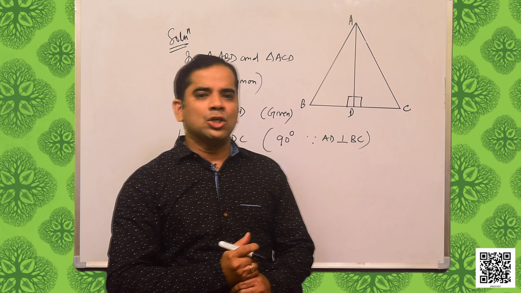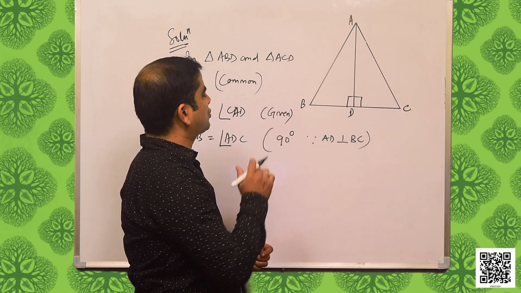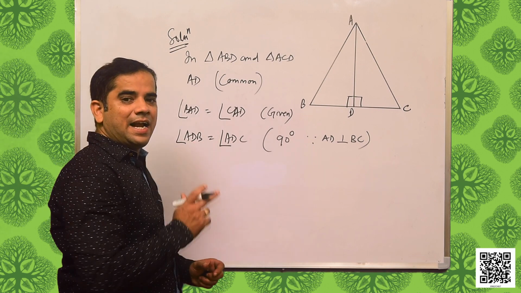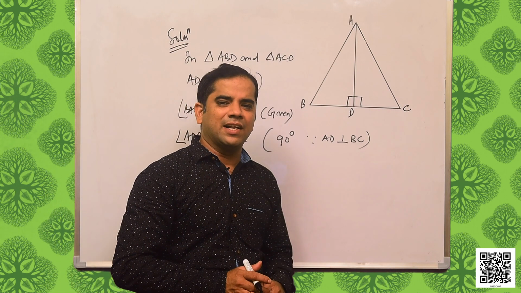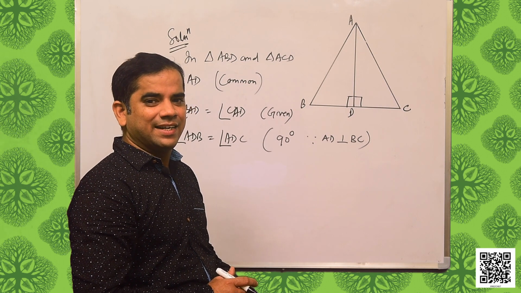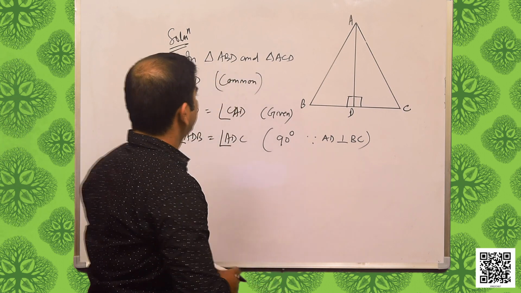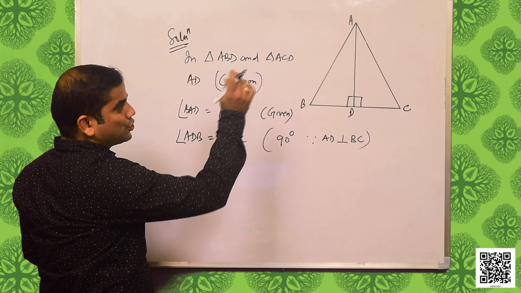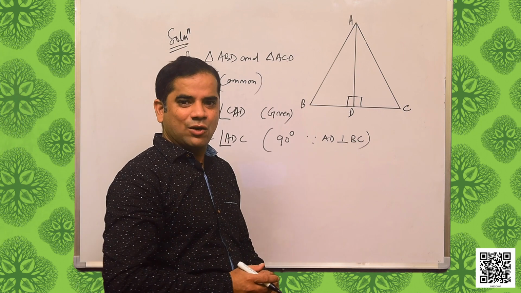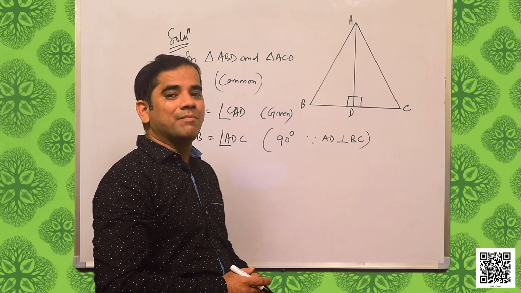So what we have found is that these two triangles, triangle ABD and triangle ACD, are congruent, isn't it? They are congruent because they have two angles equal to each other and they have a common arm.